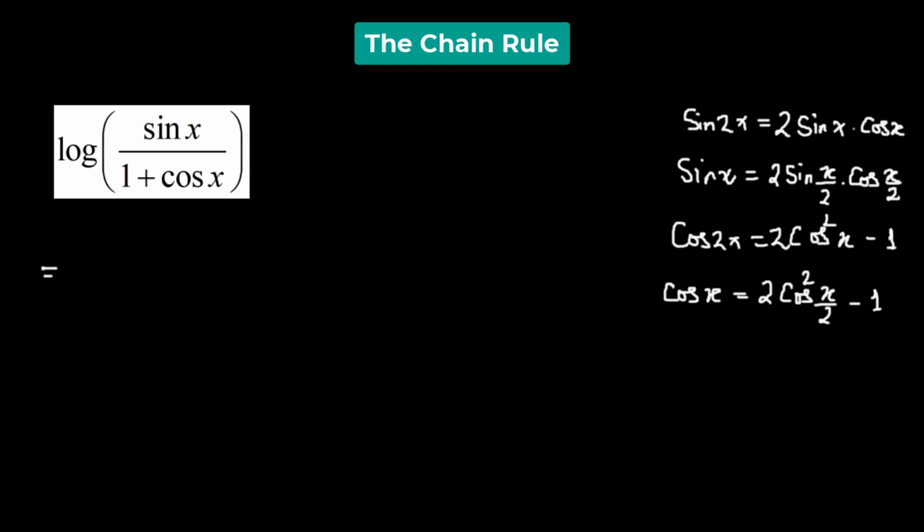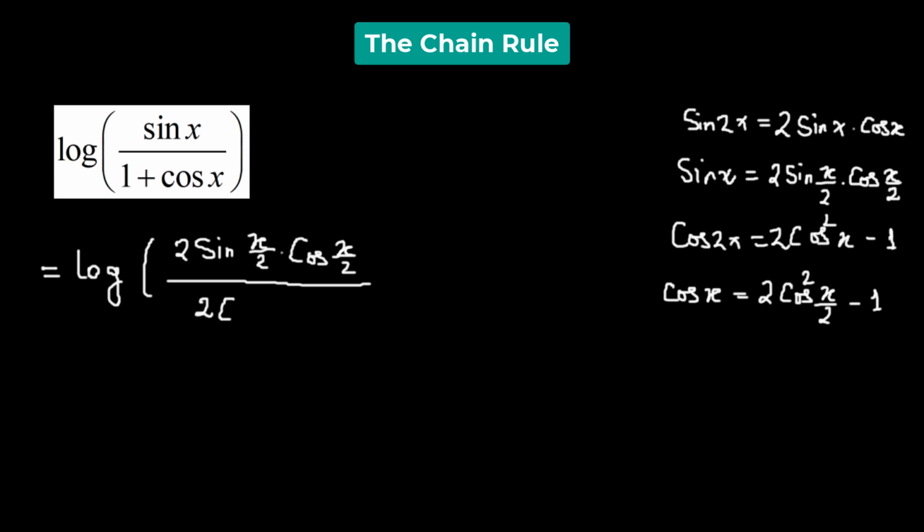So now our trigonometric function becomes log of sine x, so sine x becomes 2 times sine x over 2 times cosine of x over 2, divided by 1 plus cosine of x. So that becomes 2 times cosine squared of x over 2.